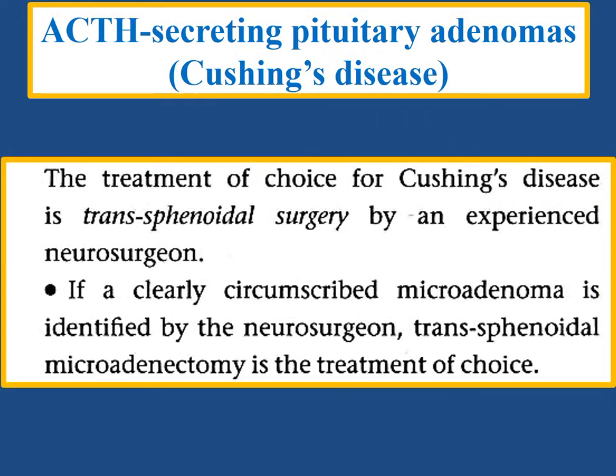In case of ACTH-secreting pituitary adenomas, Cushing disease, the treatment of choice is transsphenoidal surgery by an experienced neurosurgeon. If a clearly circumscribed microadenoma is identified by the neurosurgeon, transsphenoidal microadenomectomy is the treatment of choice.